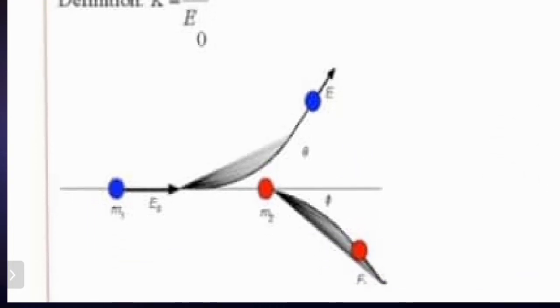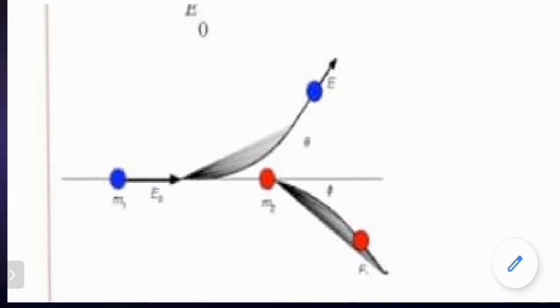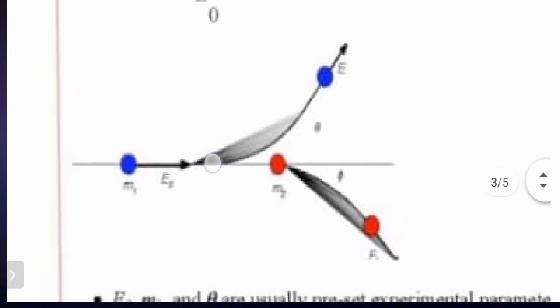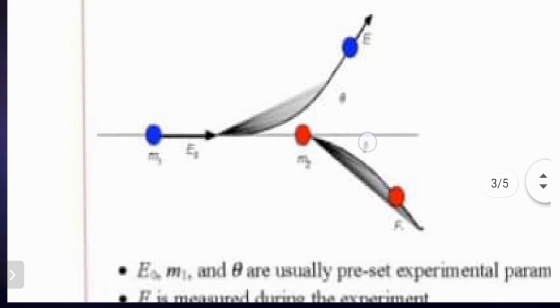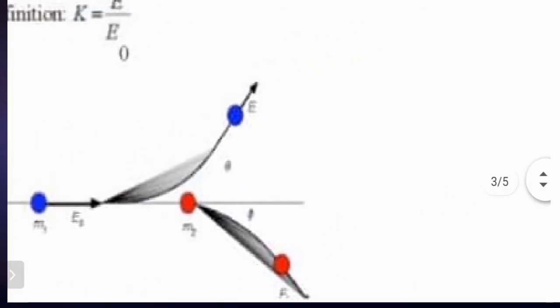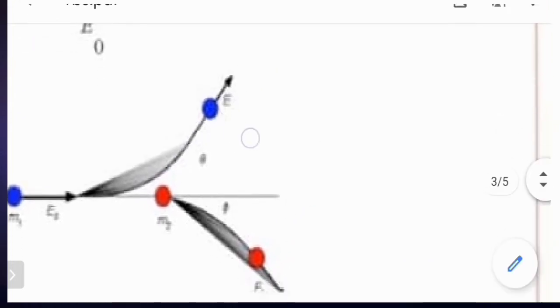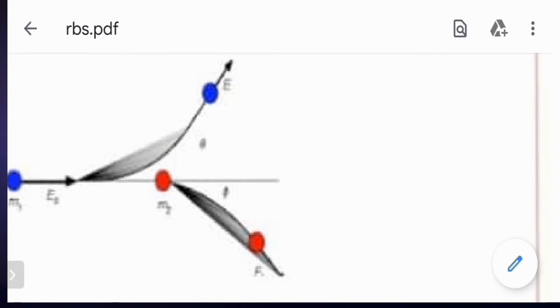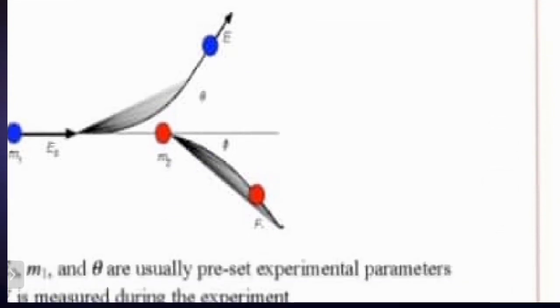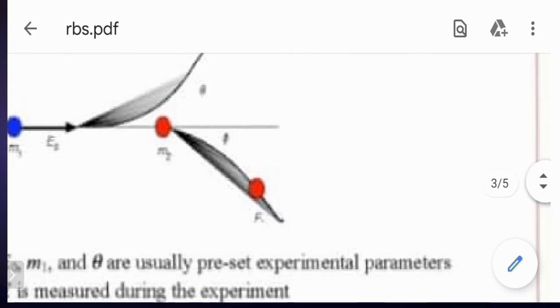Suppose we have m1, like a helium or hydrogen positive ion, incident on the solid. It gets scattered at a particular angle, the angle is alpha, and the scattered particles have the energy E. The remaining energy is transferred to the solid surface, which will have some other energy, say E2.